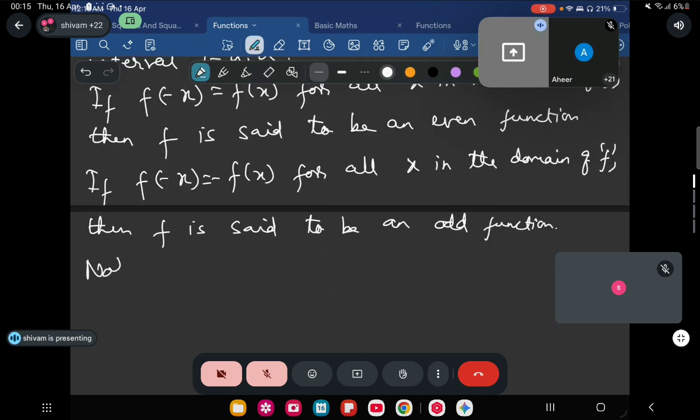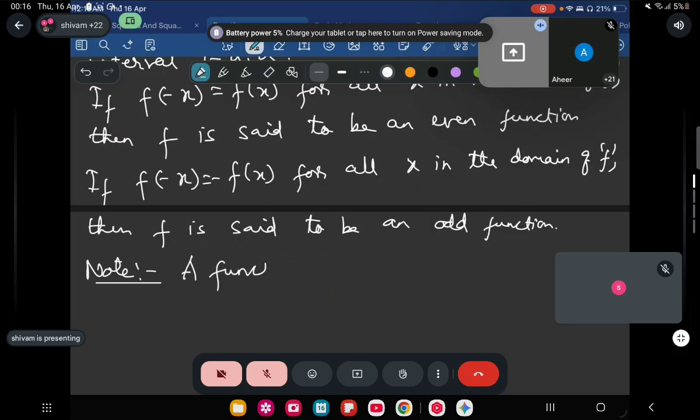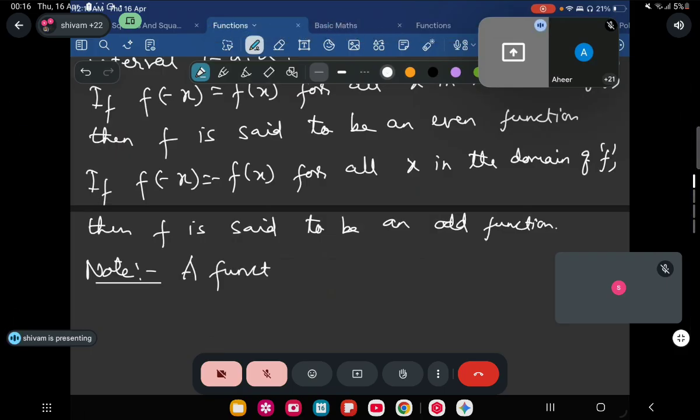Achha, next, note: just like a natural number is either odd or even, the same is not the case for functions. A function may neither be odd nor even. It's not necessary that it has to be either odd or even.